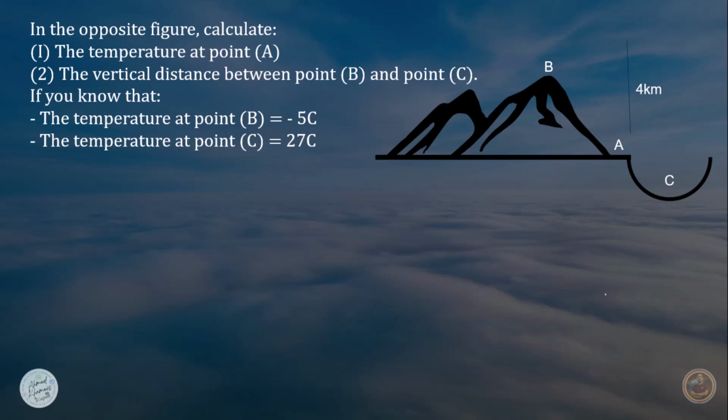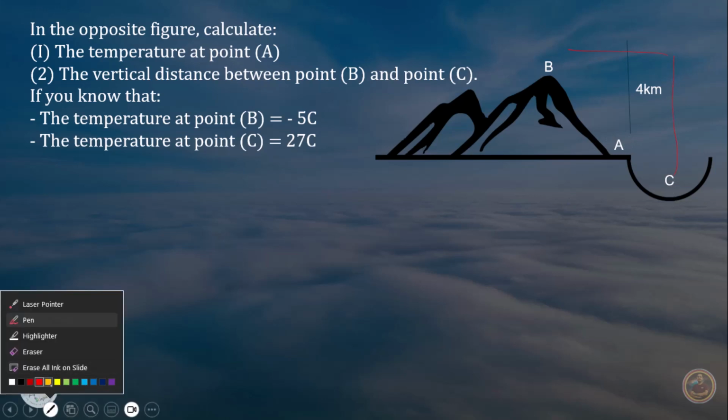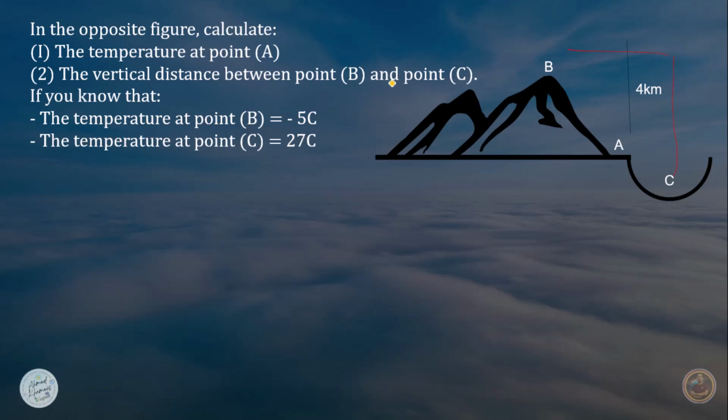In the opposite figure, calculate the temperature at point A, knowing that the vertical amount from C to B is 4 kilometers, the temperature at point B is minus 5, and the temperature at point C is 27. So the temperature at point A, the temperature at the foot, equals the temperature at the top plus the change in temperature.